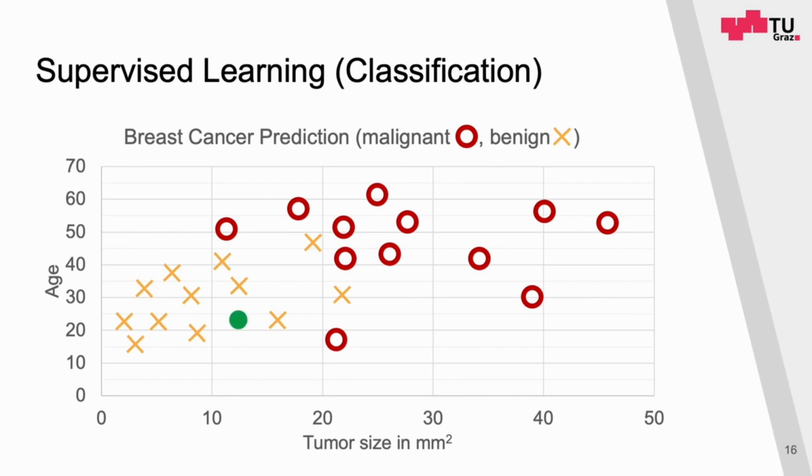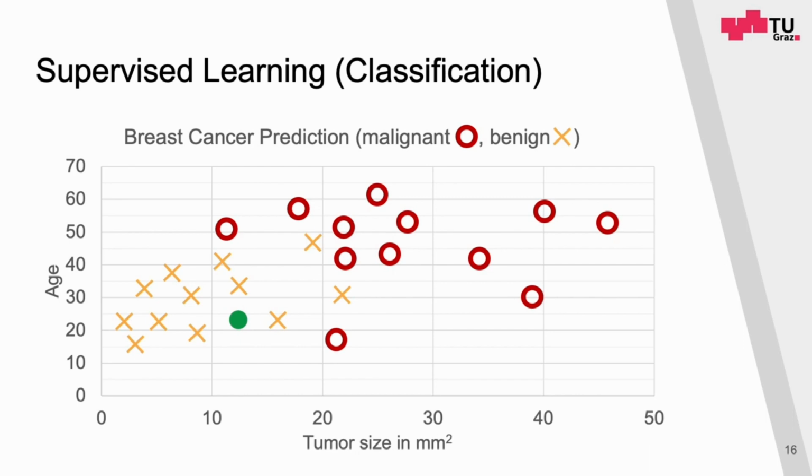And for example, if we then want to predict a new example, as indicated by the green circle here. So for example, again, a patient comes to you and wants to know about his or her tumor, which is, let's say, 12 square millimeters, and the patient is about 23 years old.